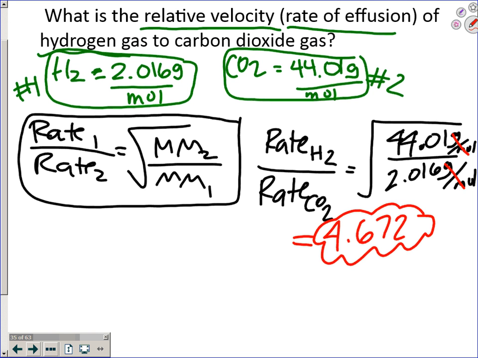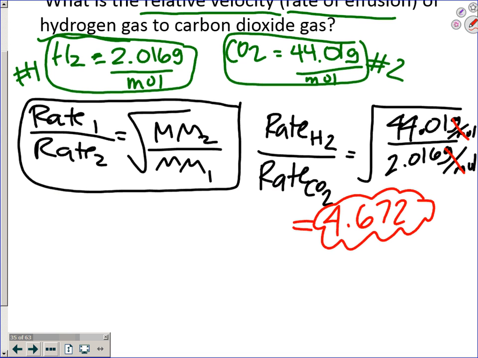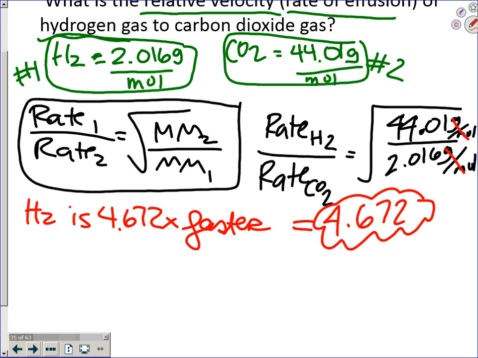You don't have to use the word relative velocity. Can somebody else give me something else? It's close, Nathan. Go for it, Matt. So put that in a sentence. Hydrogen gas is 4.672 times faster than carbon dioxide gas.